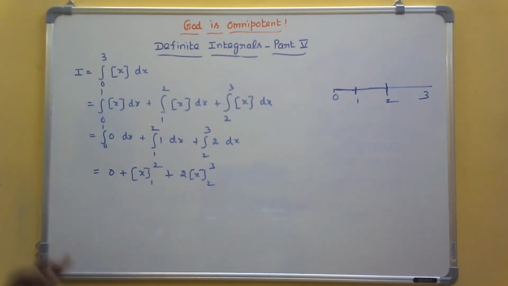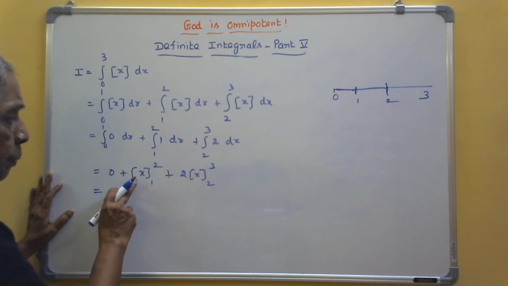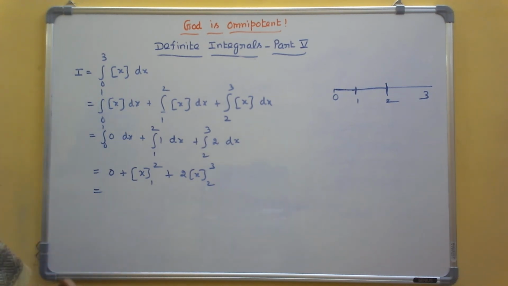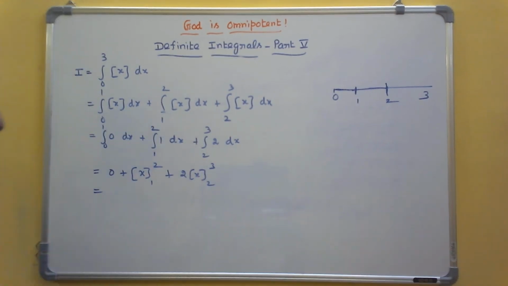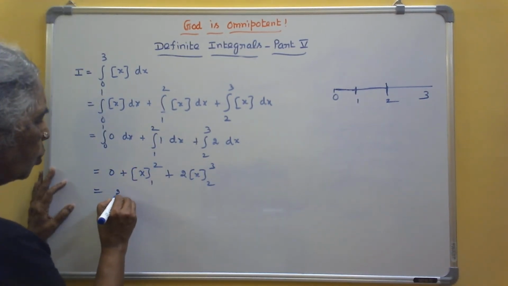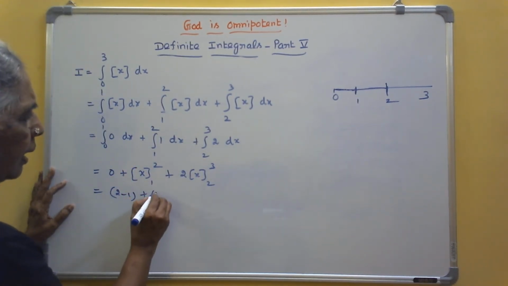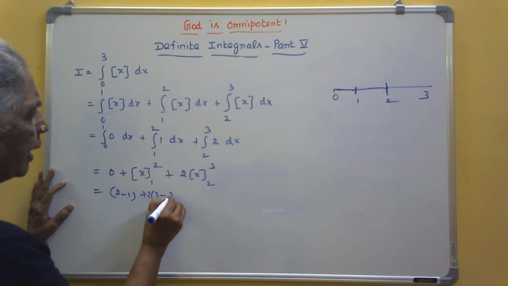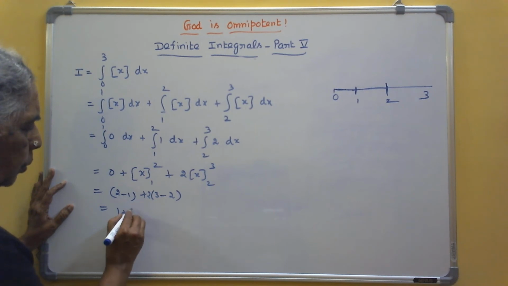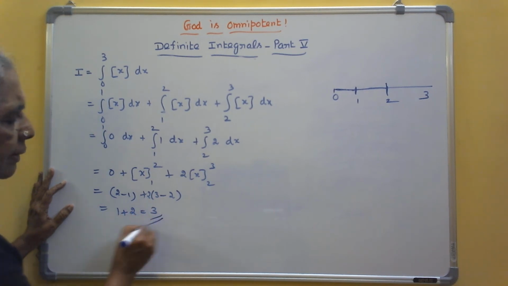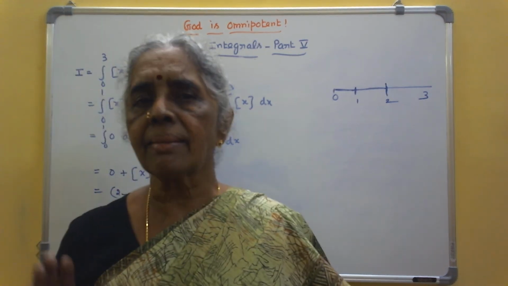This bracket is not the greatest integer bracket, it is the normal bracket with upper limit and lower limit. So, I will get 2 minus 1 for the first one and 2 into 3 minus 2 for the second one. This is 1, and this is 1 into 2, that is 2. So, the answer you will be getting is 3.